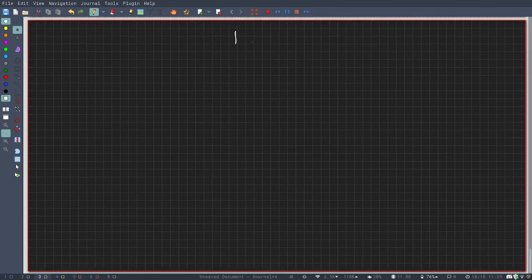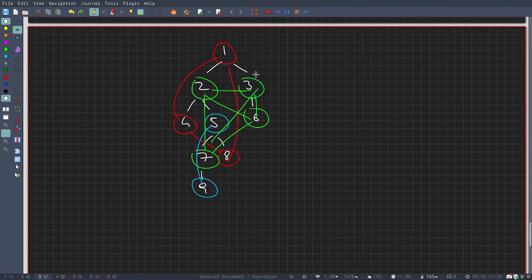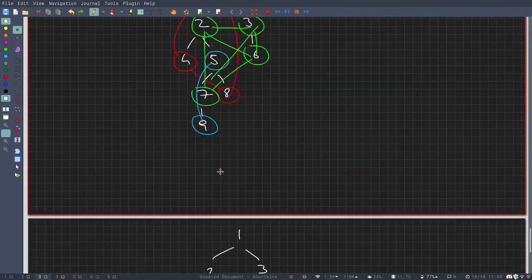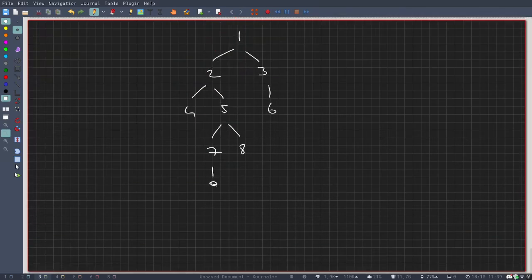Okay, let's draw the same tree as before, and let's assume every node has the same color. Yeah. Okay, I think the cleanest way is to do a double counting.